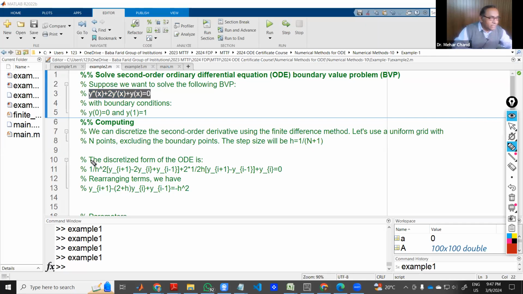Here you can see, after discretizing the above given ordinary differential equation, I write it here in LaTeX format.